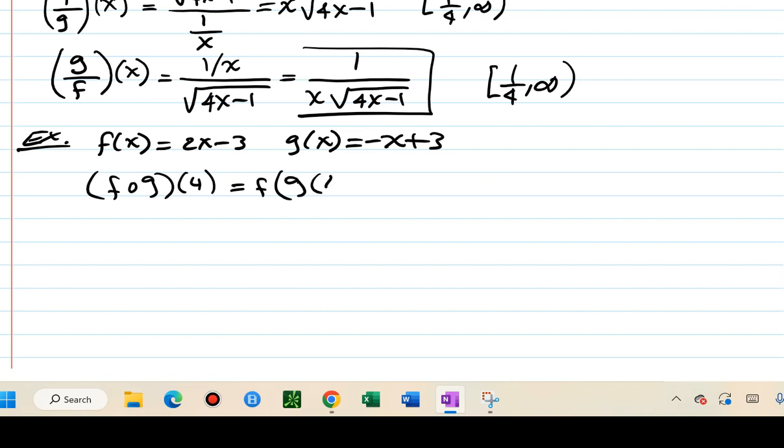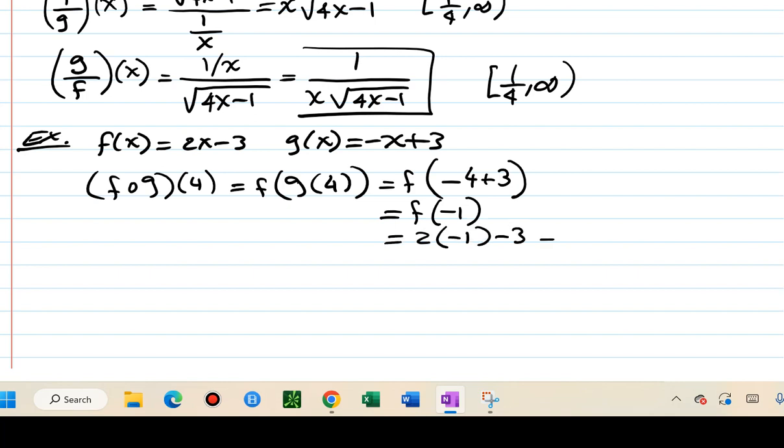First I'm going to write it in the form that I understand, rather than the circle notation, f circle g. So g of 4: we plug in a 4 for x in g. We get f at negative 1, and then we pass this on to the function f. In f we do 2 times the input minus 3. The final answer is negative 5.